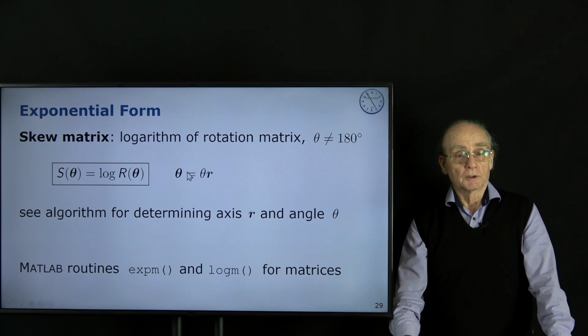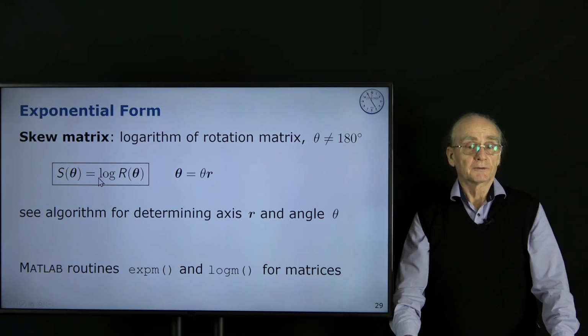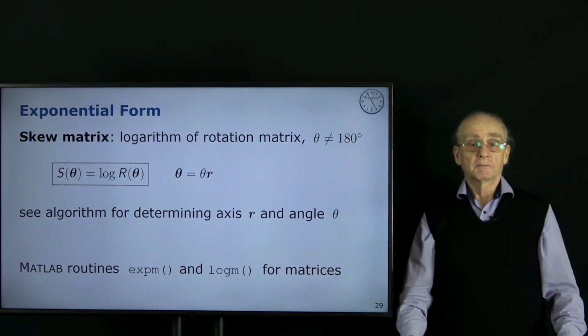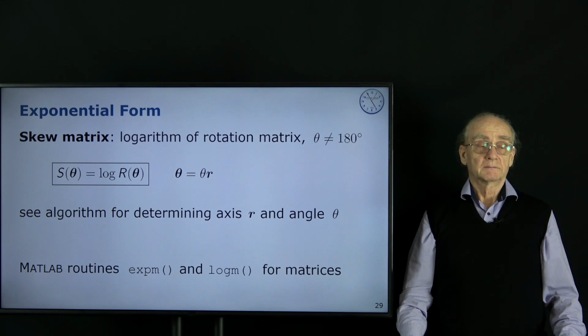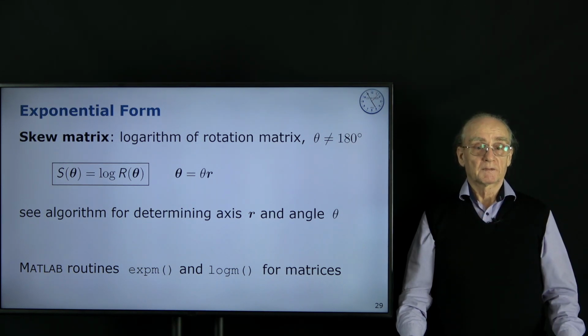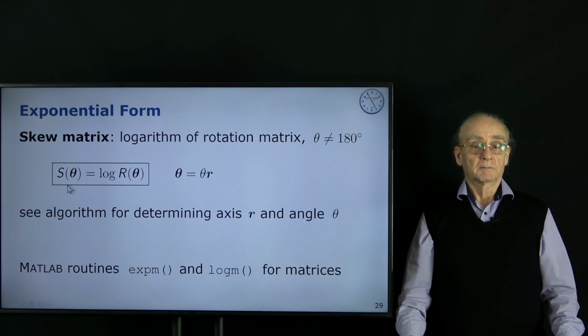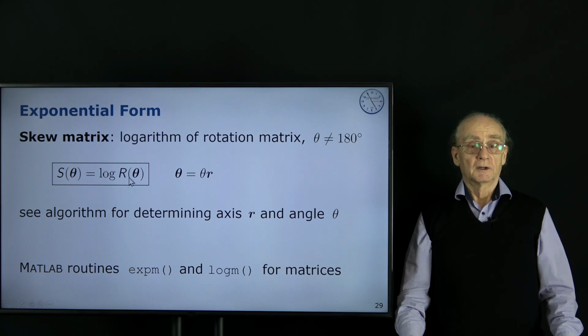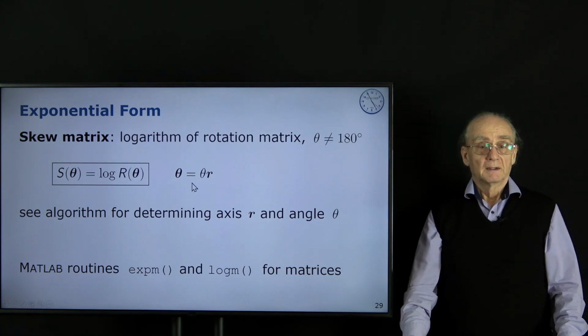We also can invert, of course, the exponent. There's a corresponding definition for the logarithm of a matrix. I don't write down the series, but of course, by analogy, you find out that the skew-symmetric matrix of theta is the logarithm of the rotation matrix based on theta using the rotation vector.